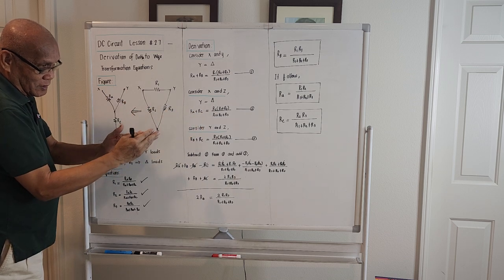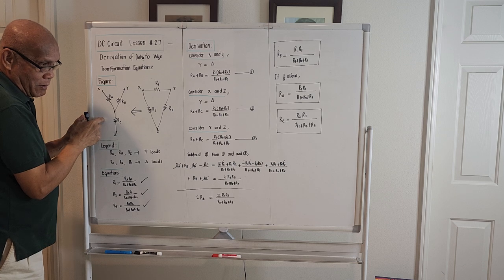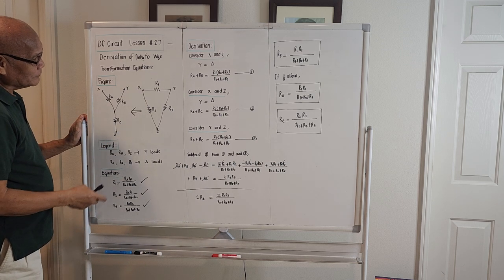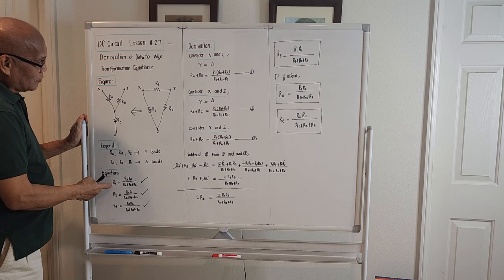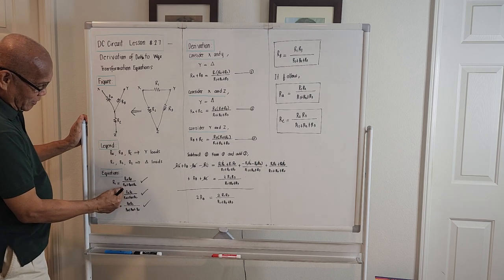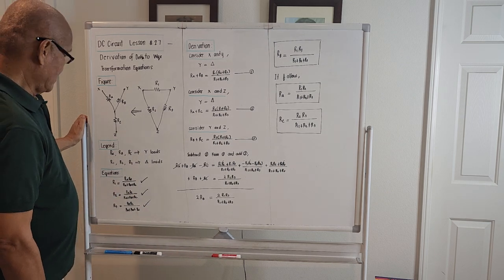And we will compute for the equivalent of this in terms of y. So regarding the equations, R1 now will be these equations here. Actually, the denominators are the same.